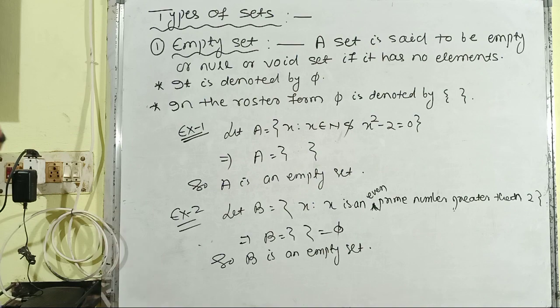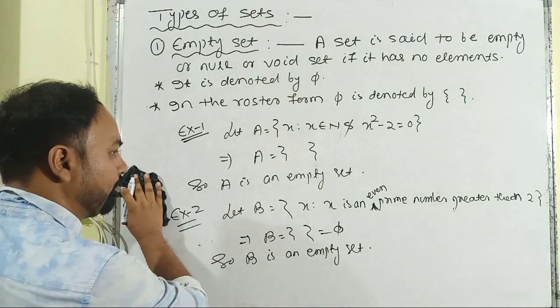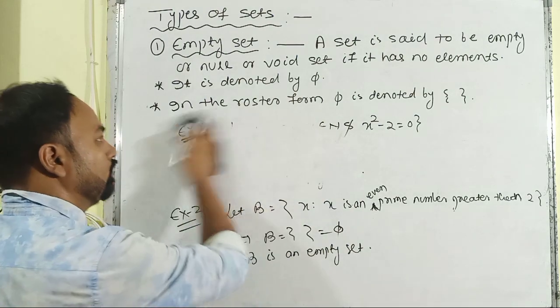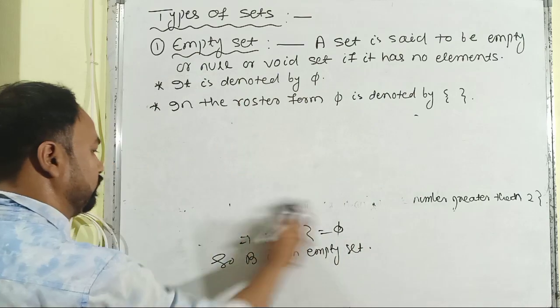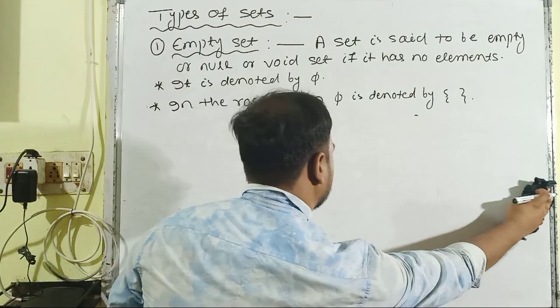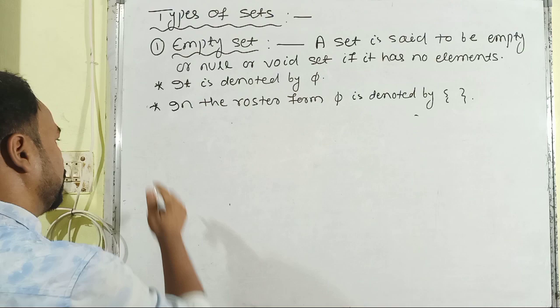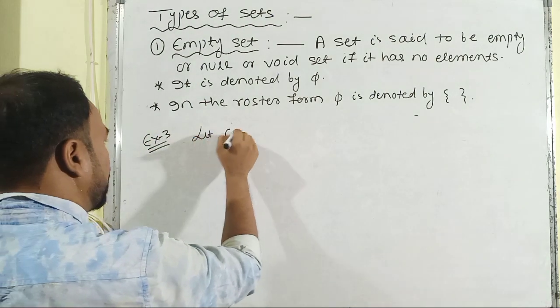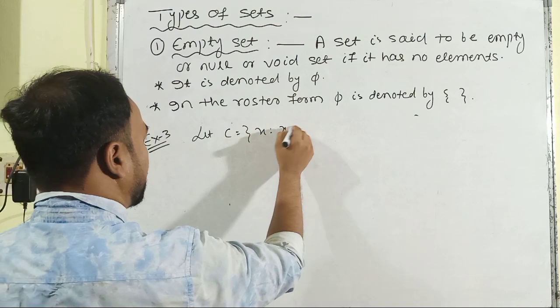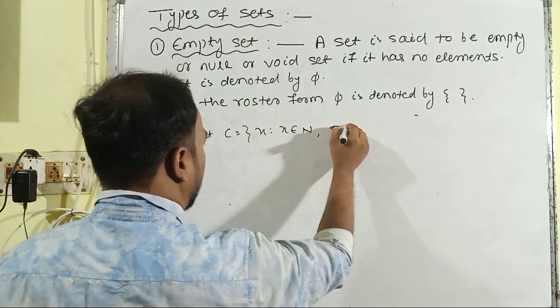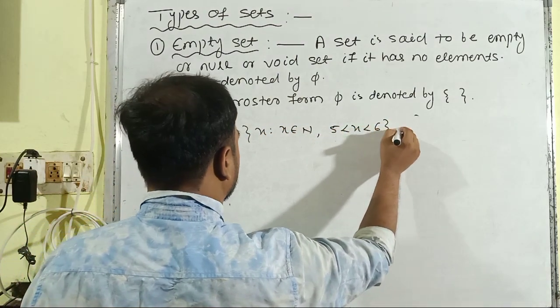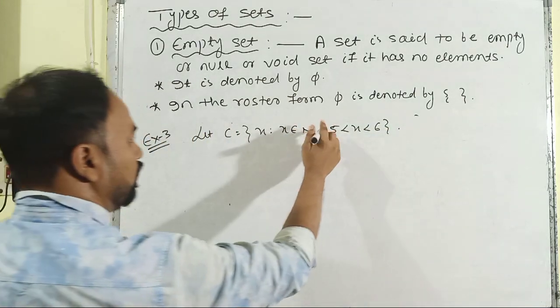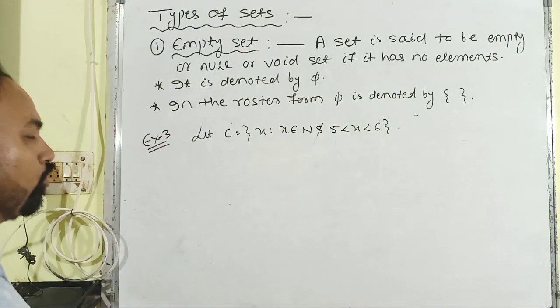Then let us move to another example. Example number 3. Let C be equal to x such that x belongs to N, 5 less than x less than 6. Again, we have to satisfy both of the conditions.